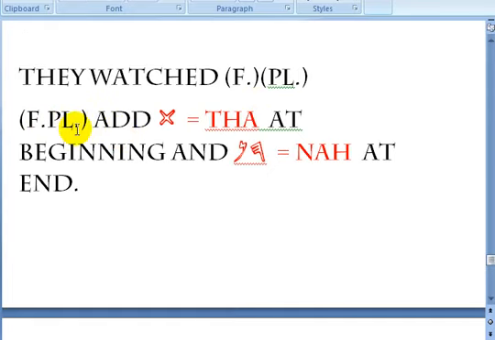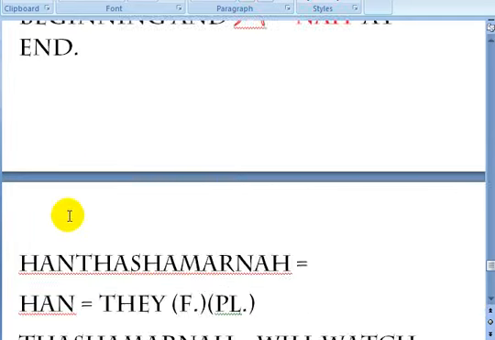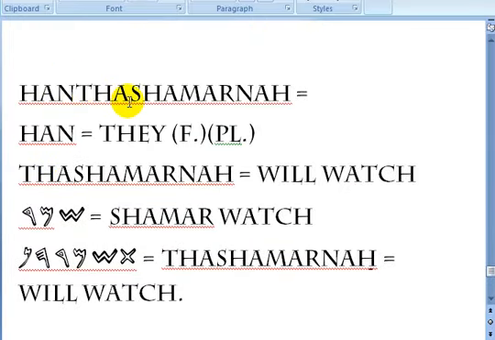Right? For the feminine plural, you add a tha at the beginning and a na at the end. For example, hun, tha, shamar, na. So you add a tha at the beginning, right, and a na at the end, right? That makes it feminine plural.